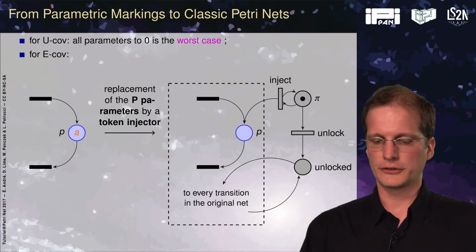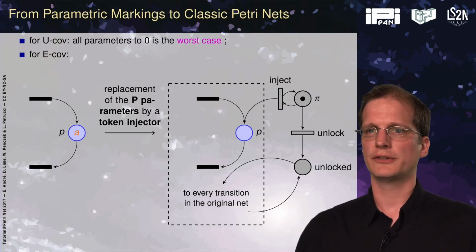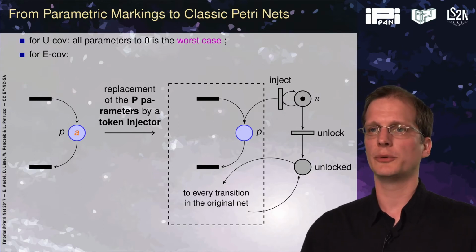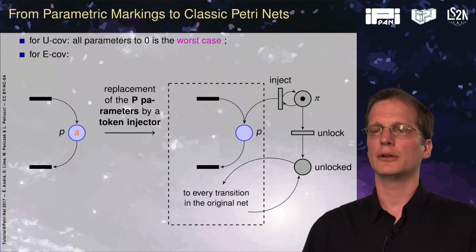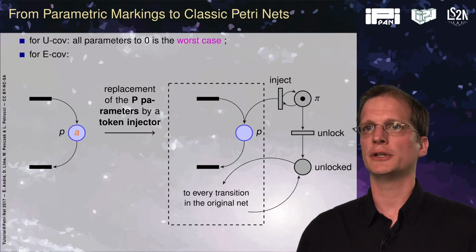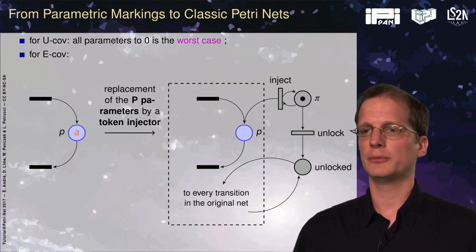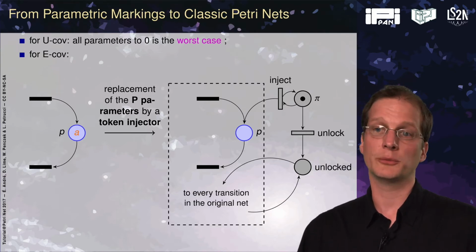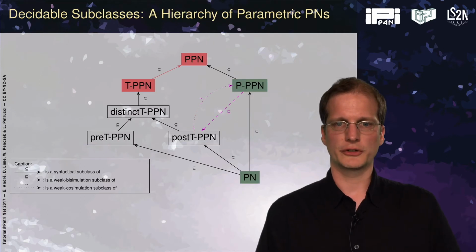So this is for existentiality, and for universality, of course, it's easy to see that putting all parameters to 0 is the worst case. Since we are interested in knowing whether it is possible to cover our marking for every parameter evaluation, we can start with 0. If this is possible, then for sure it will work with all the other markings, and if it's not possible, then we can stop because we know that it's not universal. So we can complete a bit our picture.